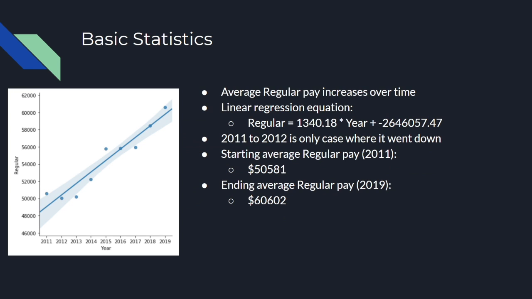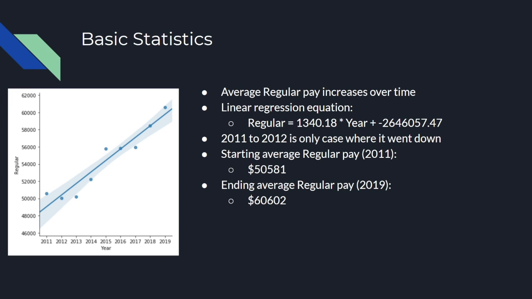So here we can see the regular pay over time plotted as a linear regression plot. We chose to use linear regression just to see if there was any correlation, if we could find a trend for the average regular pay over time. As you can see on the left, the regular pay increases, which we already saw, and it increases pretty consistently year to year.